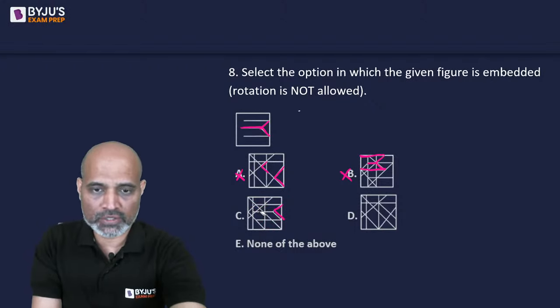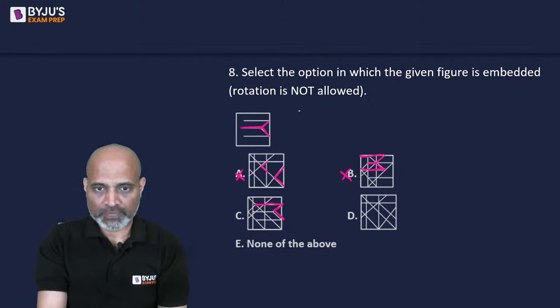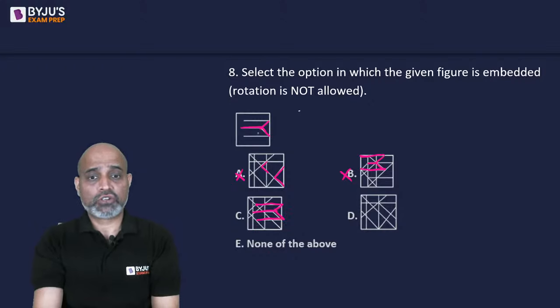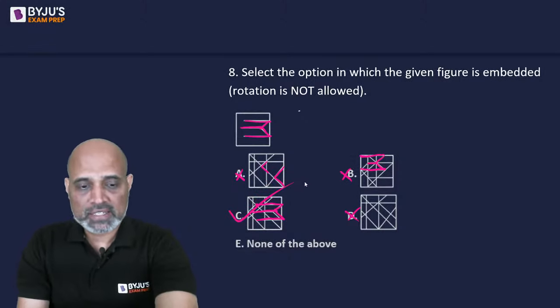This is not complete, sorry. It starts from here. The next one is a longer one and then we have a shorter one. So C looks to be the answer because in D there is none. C is going to be the answer.